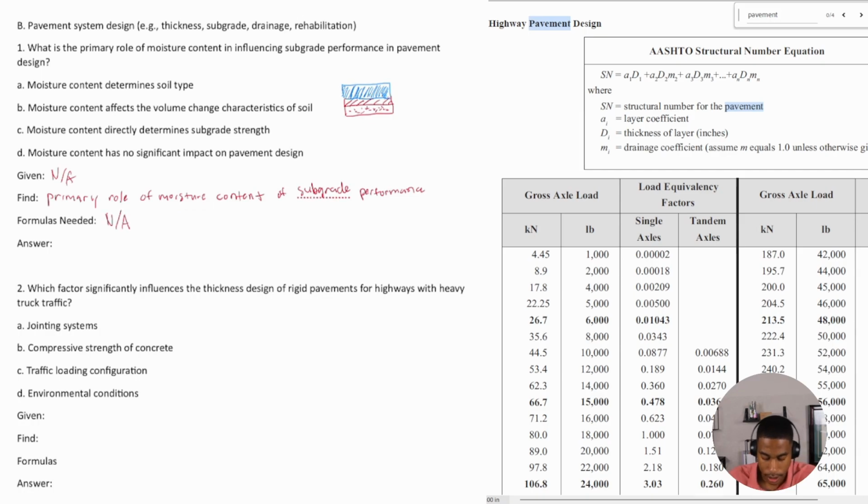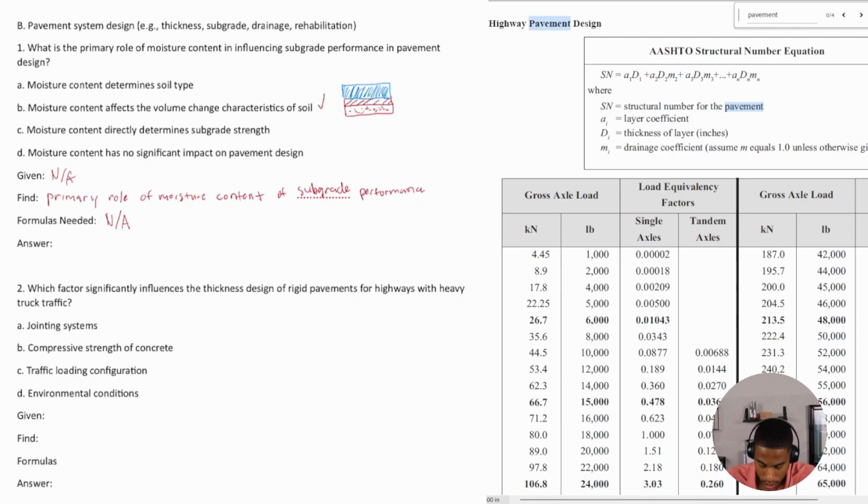So what's our answer? A, the moisture content determines the soil type. No, I don't think that's the case. What about B? Moisture content affects the volume change characteristics of soil. I know from geotech that actually is in fact true. C, moisture content directly determines subgrade strength.